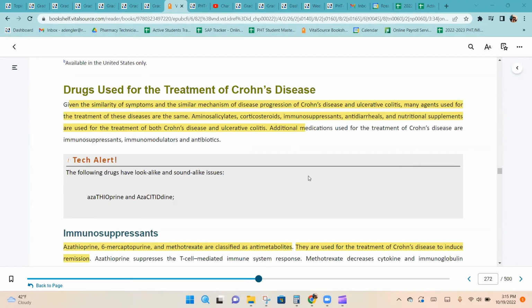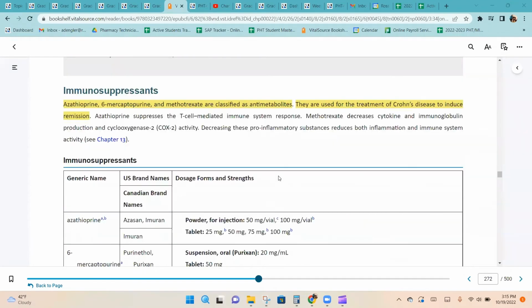Given the similarity of symptoms and the similar mechanism of disease progression of Crohn's disease and ulcerative colitis, many agents used for the treatment of these diseases are the same. Aminosalicylates, corticosteroids, immunosuppressants, antidiarrheals, and nutritional supplements are used for the treatment of both Crohn's and ulcerative colitis.